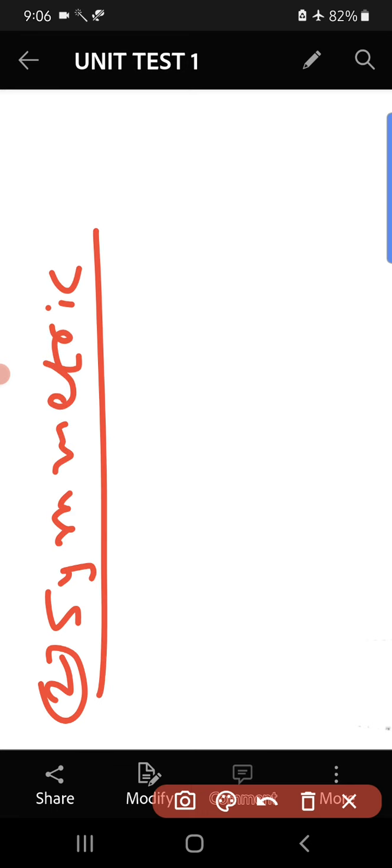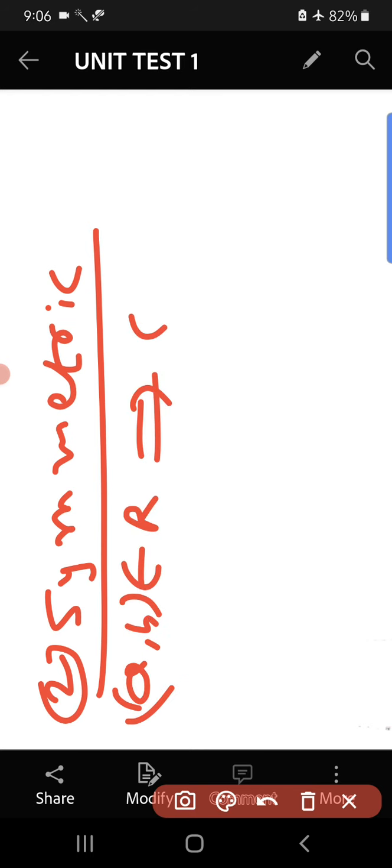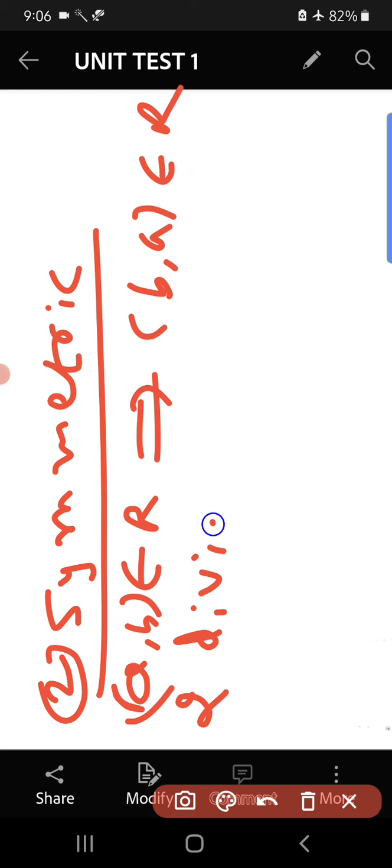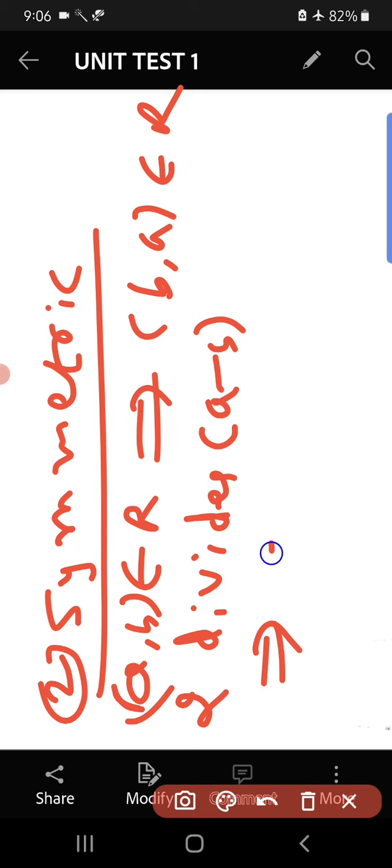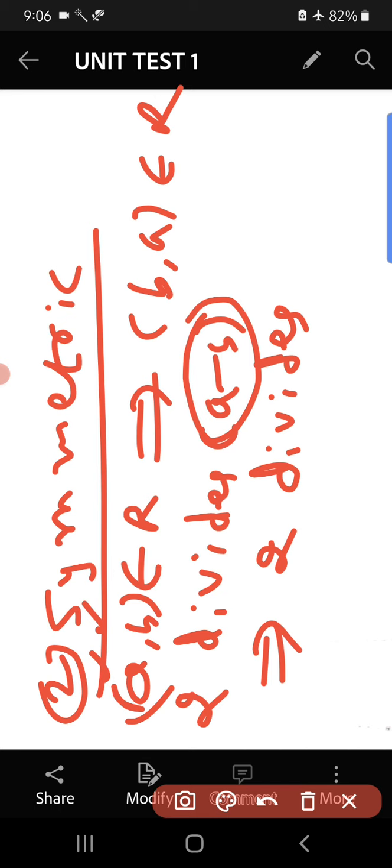Symmetric. See, AB belongs to R implies BA belongs to R. AB belongs to R means 2 divides A minus B. This AB belongs to R means 2 divides this difference.